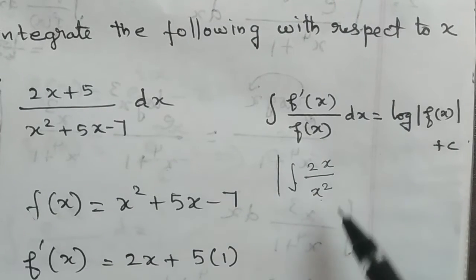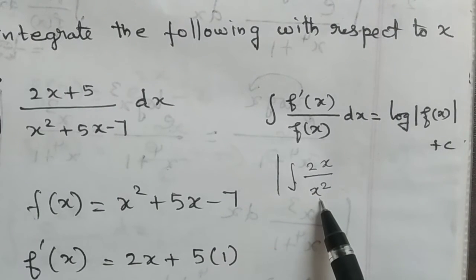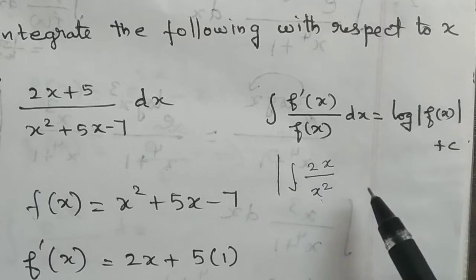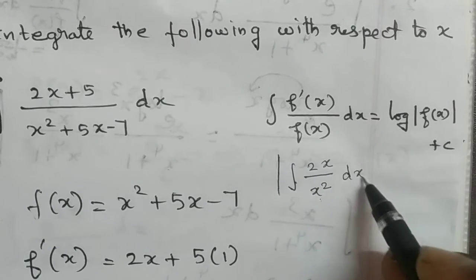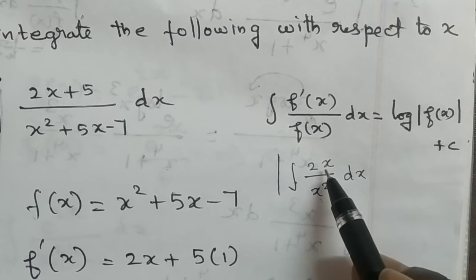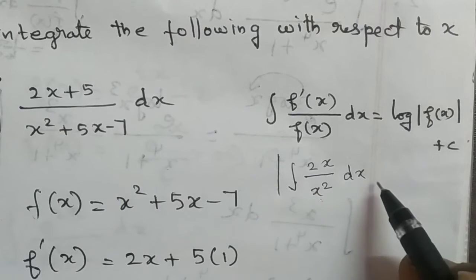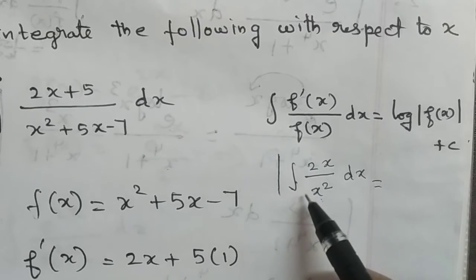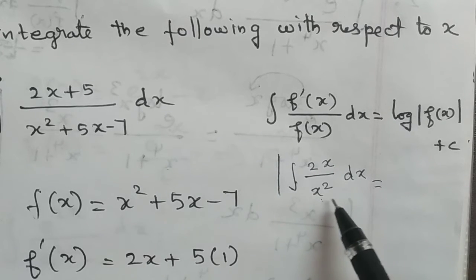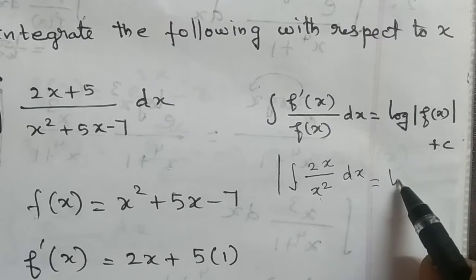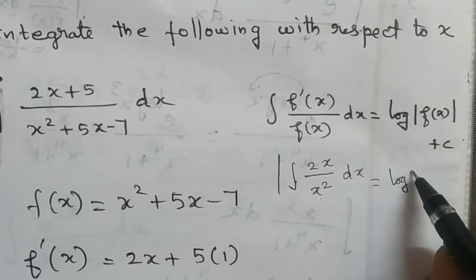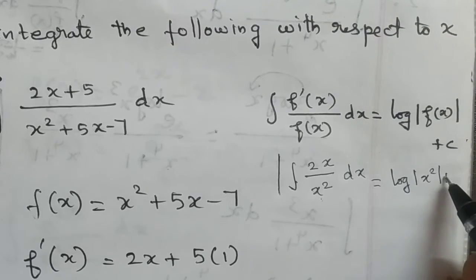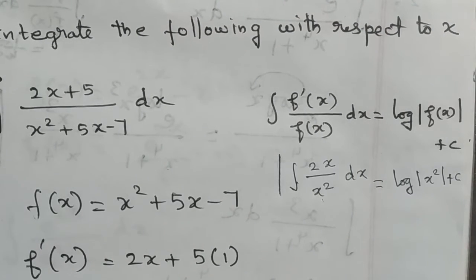It is 2x, and it is in the numerator. So the integral of 2x divided by x square into dx equals log modulus of x square plus c.